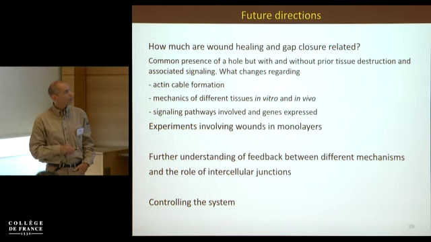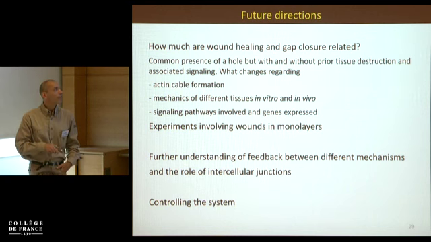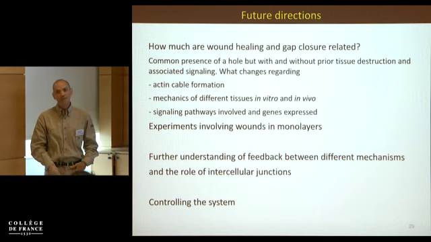In particular, now we have a project of studying the role of intercellular junctions in this crosstalk, because in vivo we have some data showing that the tight junctions are playing a role. And then, mathematically, we would always have the dream of controlling this system so that you can close holes and wounds in optimal ways.